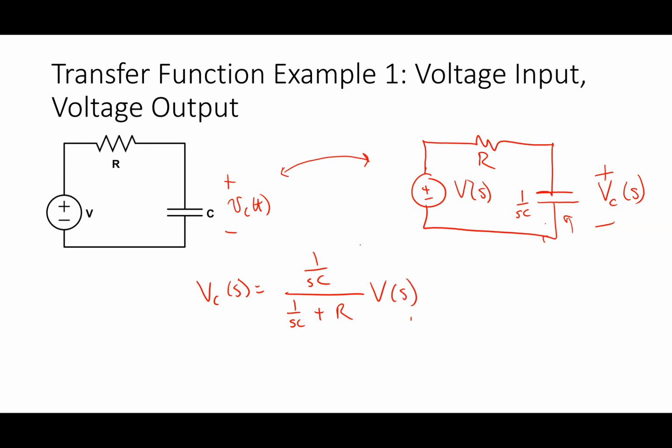Just the voltage divider relationship, as if I was doing this with regular impedances. And if I simplify it, make it a rational function, it becomes 1 over SRC plus 1 times V of S. And we call this, in this particular case, our transfer function. So it's how I get from an input voltage to an output voltage.